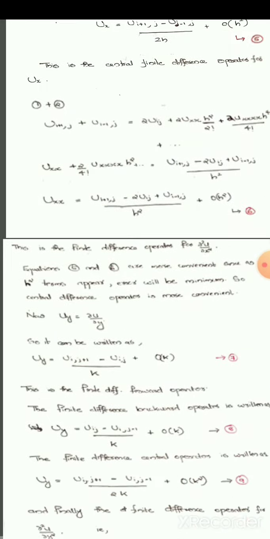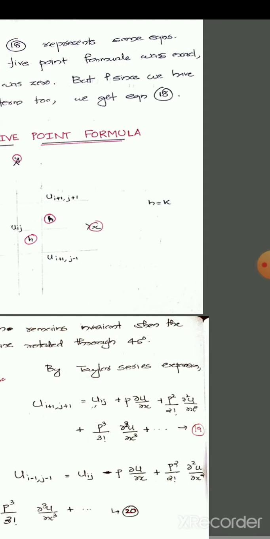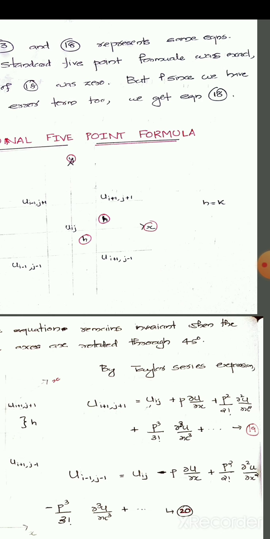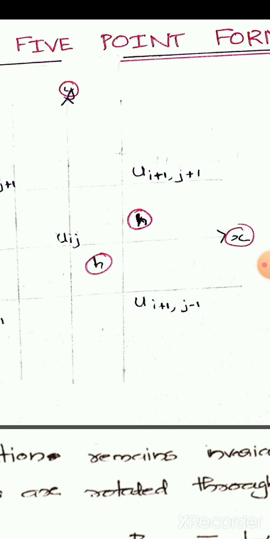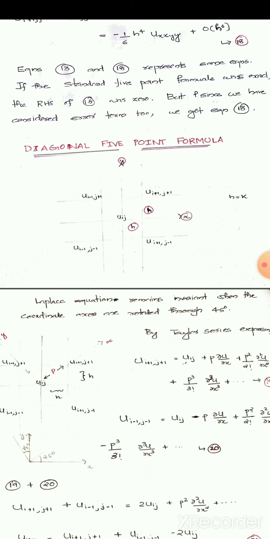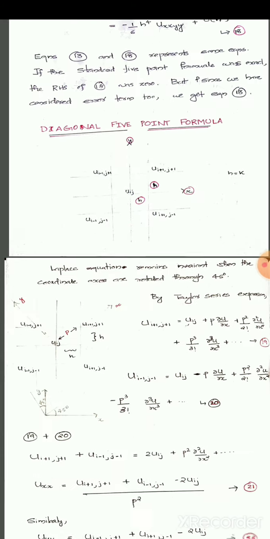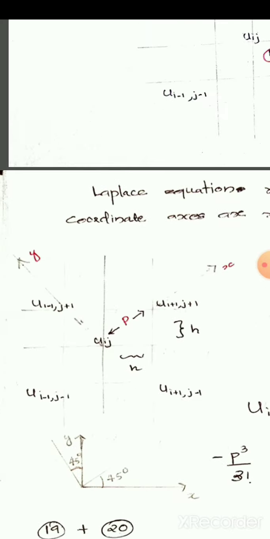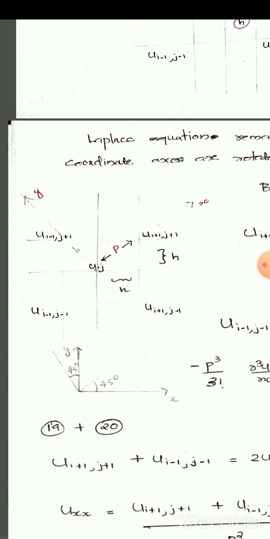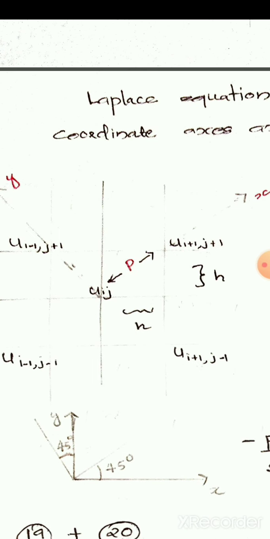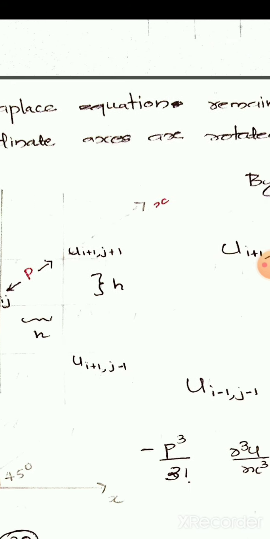In the diagonal 5-point formula, the four diagonals of uij are taken, and h is equal to k. The same procedure as in the standard 5-point formula is followed, and we get a square-like mesh structure, and the x and y axes are rotated by 45 degrees. So the distance between the 2 points becomes p. Let's consider this as a variable.